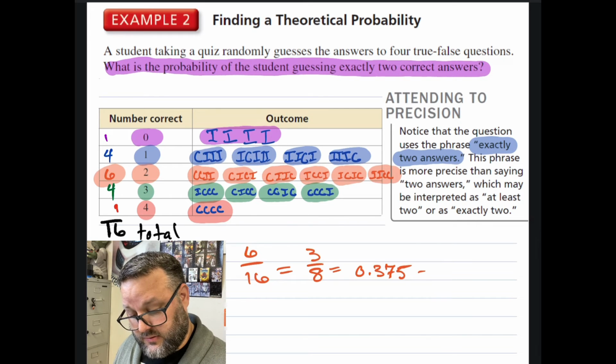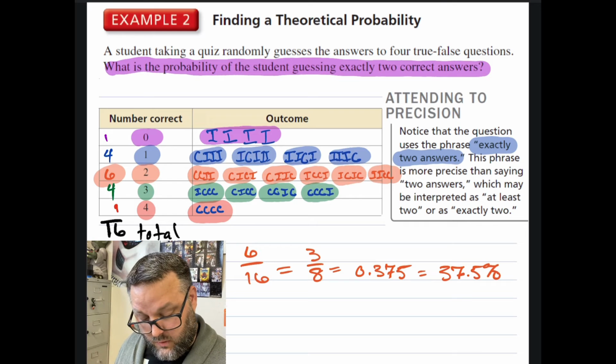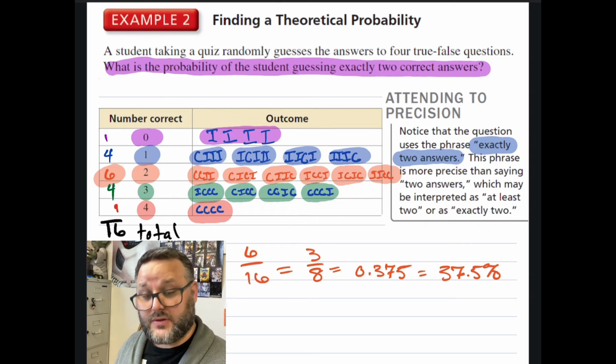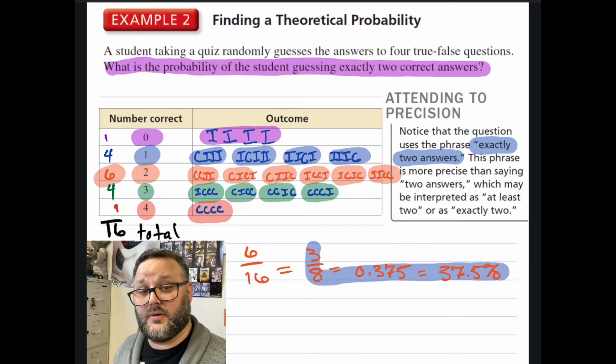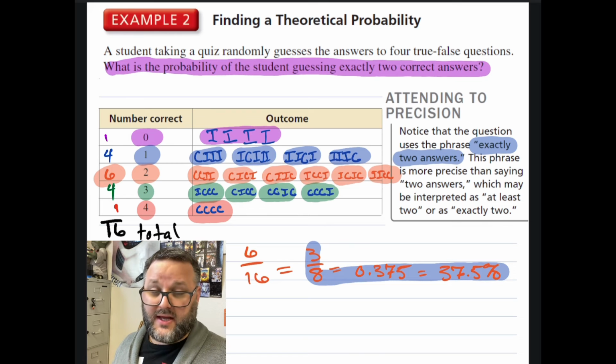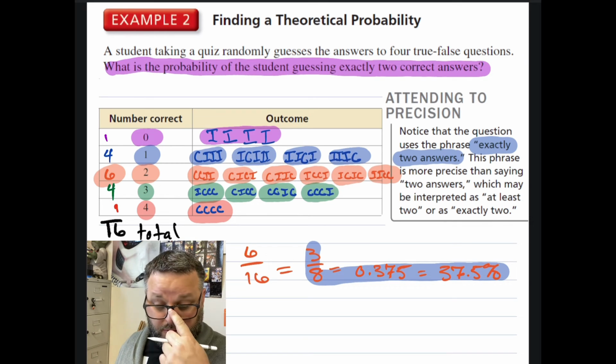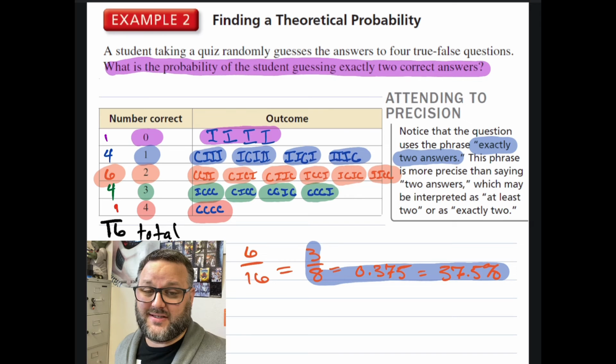And that is equal to 37.5%. One thing we should be used to by now is being able to read a fraction, a decimal, and a percent to all mean the same thing. A 3 in 8 chance is the same thing as a 37.5% chance, which is the same thing as 0.375.